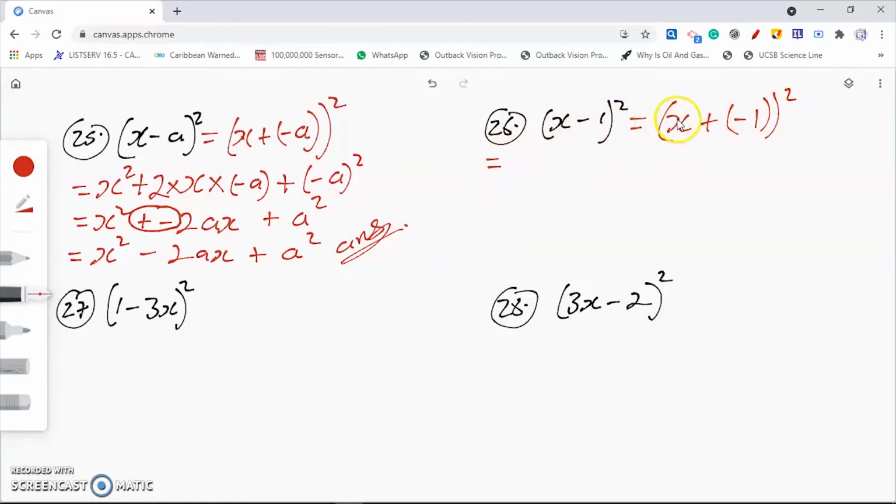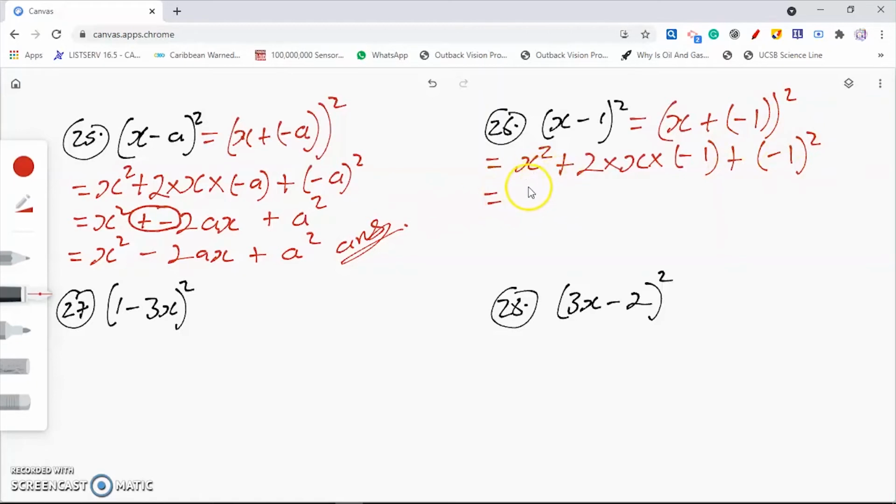And then we get x squared, the first term squared, plus 2 times the first term, x, times the second term, negative 1, plus the second term squared, so negative 1 squared.